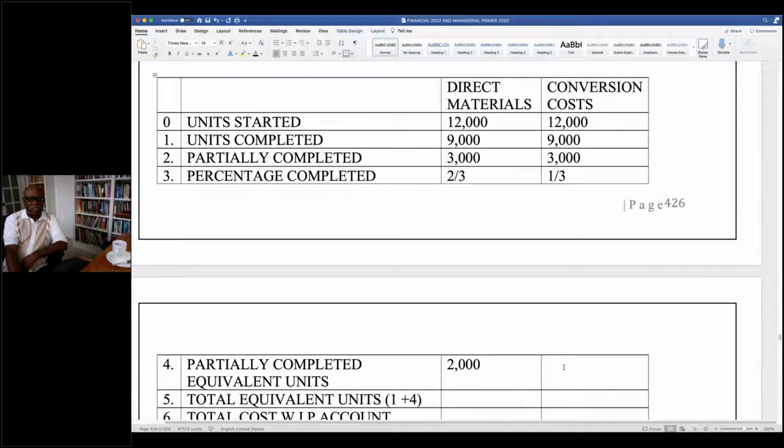So a key step here is, with these partial units, to see the percentage complete they are, and then we equate them to equivalent units by multiplying the percentage fraction times the partial units. So we had 3,000 that were 1/3 complete. So what's going to go here? 1,000.